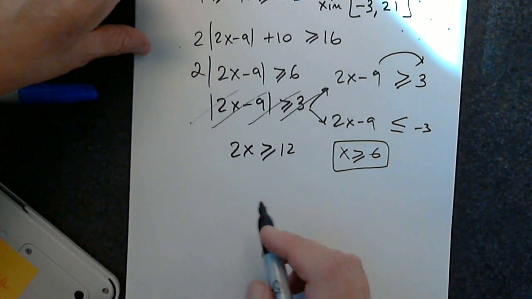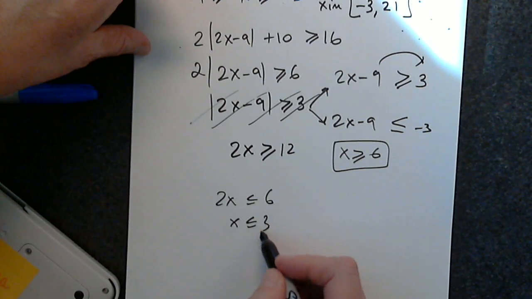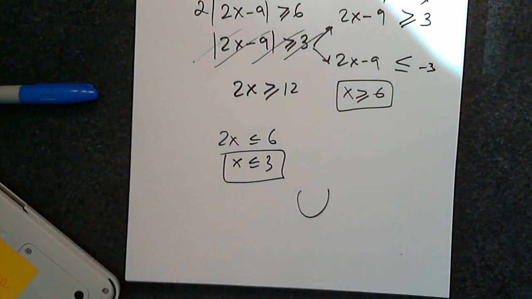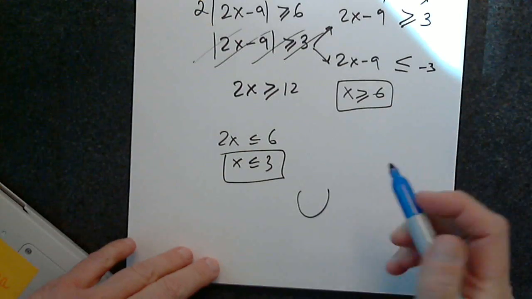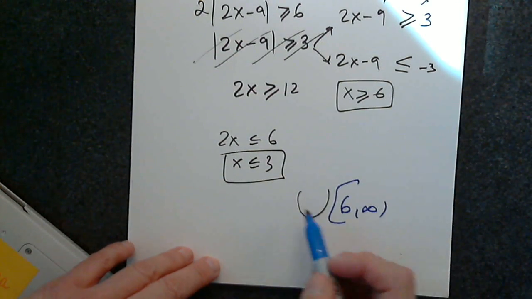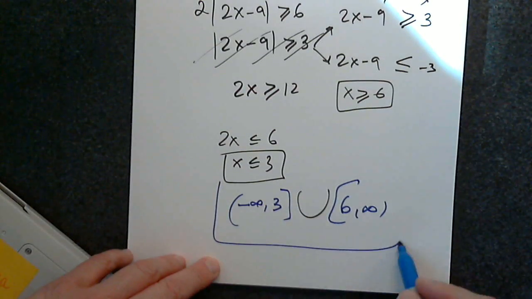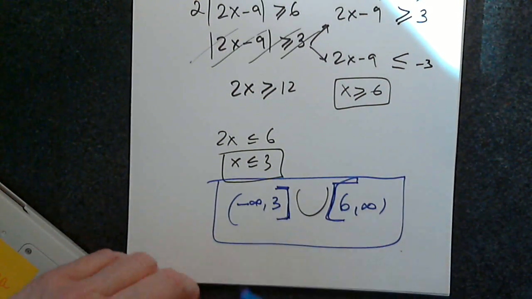Same thing, I add 9, 2x less than or equal to 6, I divide by 2, x less than or equal to 3. This is the one that has to have the union in the solution. If it doesn't have the union in the solution, something is wrong. This one says to the right-hand side of 6, and this one says to the left-hand side of 3. Both are brackets because of the equal symbol.